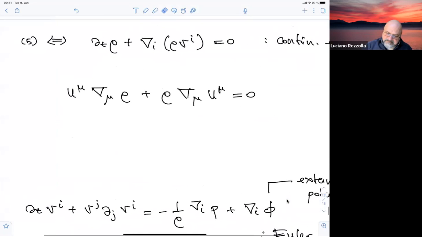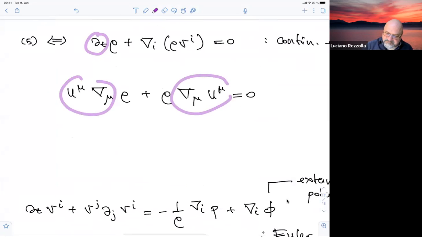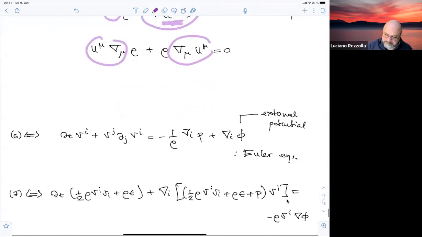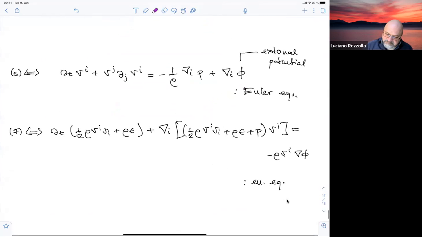You can imagine that here the time derivative is contained over here, and this four-divergence is contained in this divergence. The principle is the same. If there is a time variation in the density, this is because you have a net flux or a net current rho v^i. Let's do the same here.